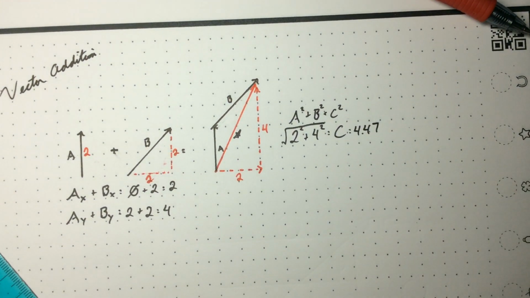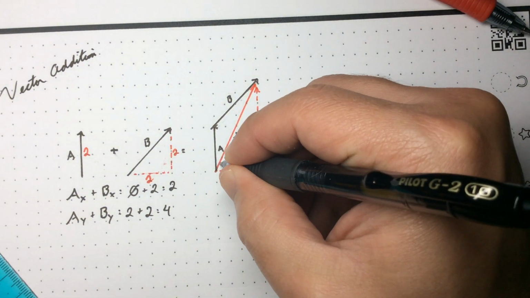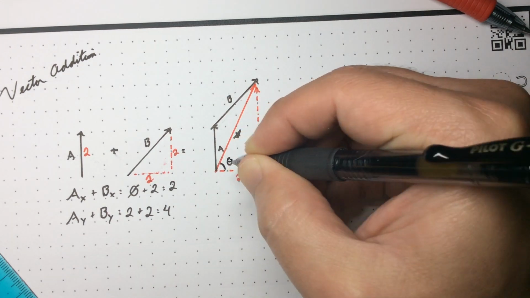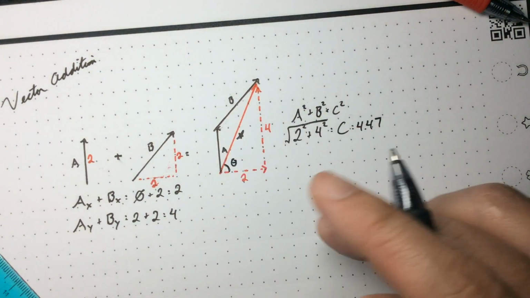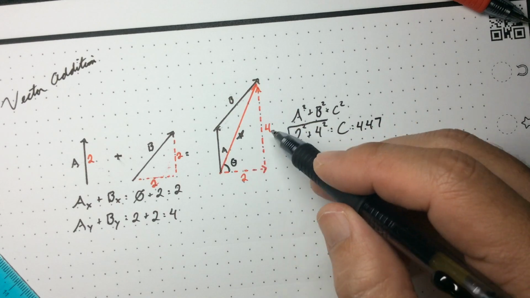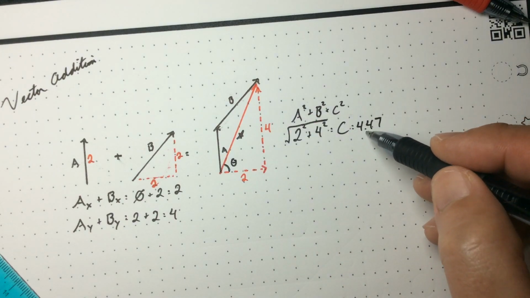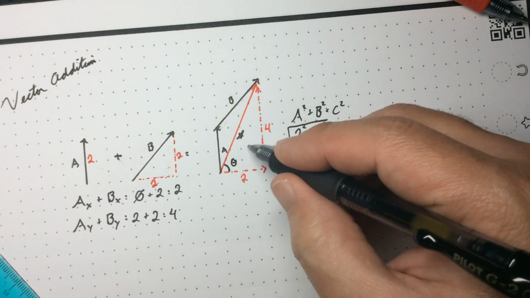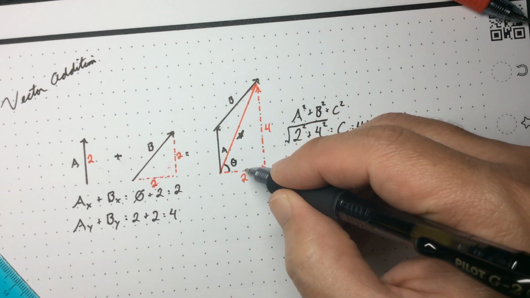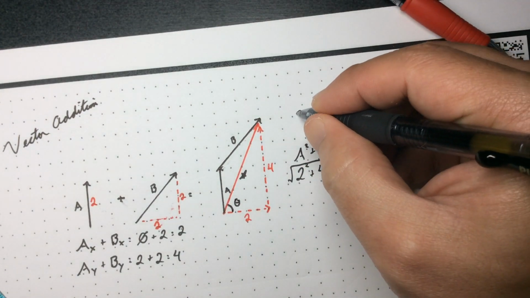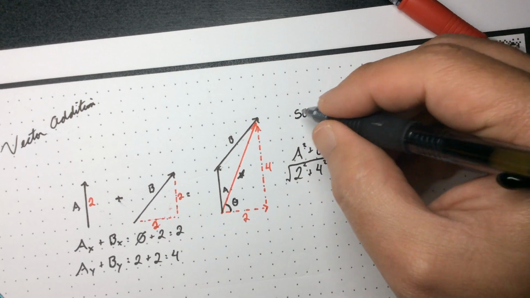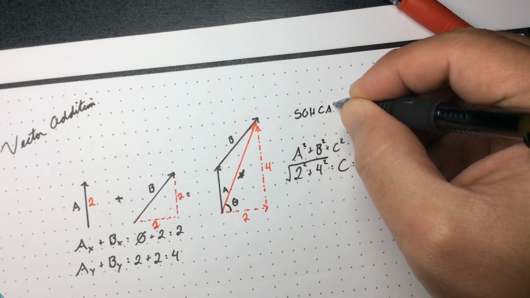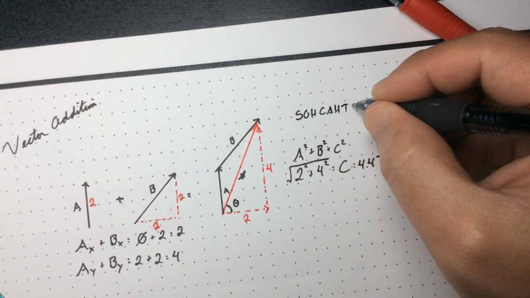And to be a little bit more appropriate here, we would have to find an angle. And I know all three sides now. I'm going to go ahead and use the sides that I know directly, not the calculated side here. And so that's the opposite side and the adjacent side. Well, if I remember my trigonometry, or if I don't, here's my little helper, SOHCAHTOA, to help me out.